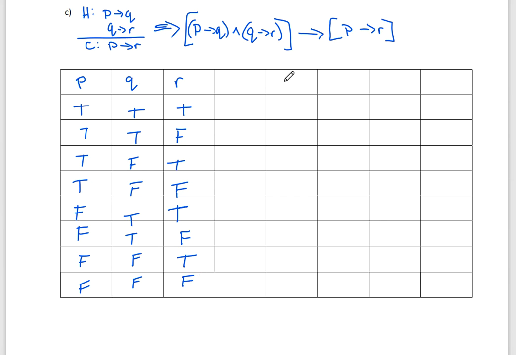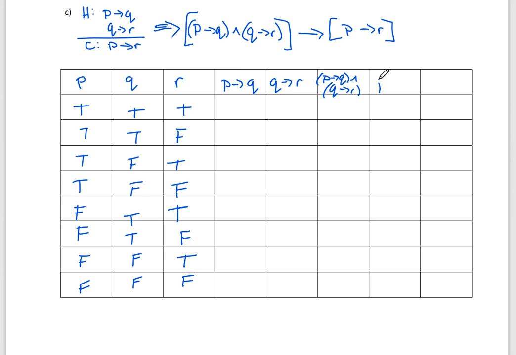Okay, then our connectives, excuse me. So we have P implies Q, Q implies R, P implies Q and Q implies R. Right, that covers my hypothesis. So I have my first condition, my second condition, and then put together with an and. So this column represents my total hypothesis.